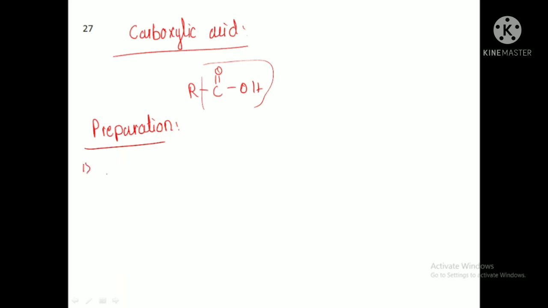First method of preparation is from primary alcohols and aldehydes. See, I take one primary alcohol, CH3CH2OH, ethanol.